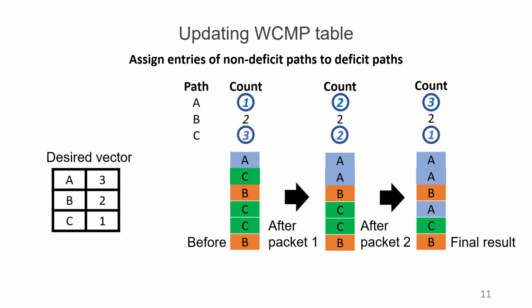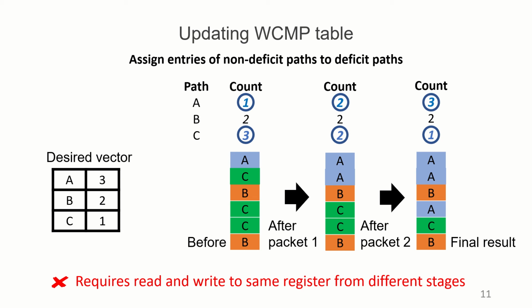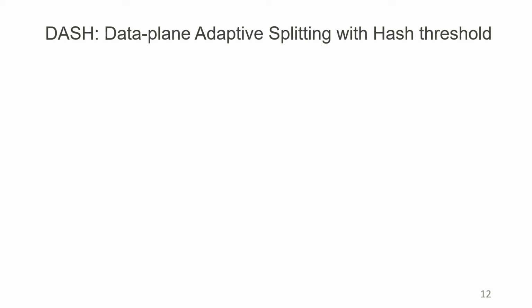Since read-write to the same registers from different stages cannot be supported, it would require packet recirculation, and therefore it is inefficient.